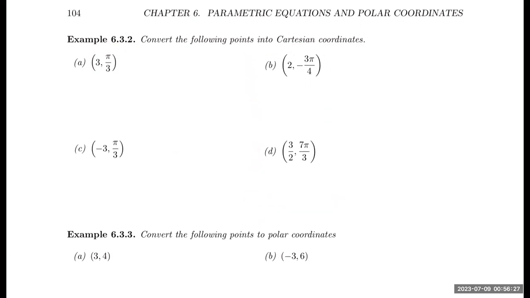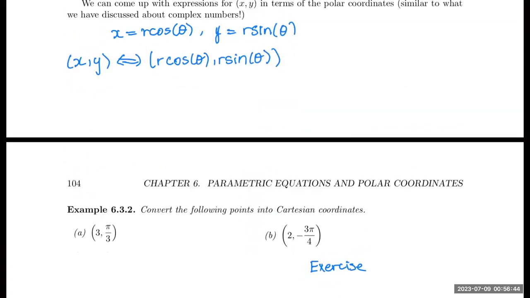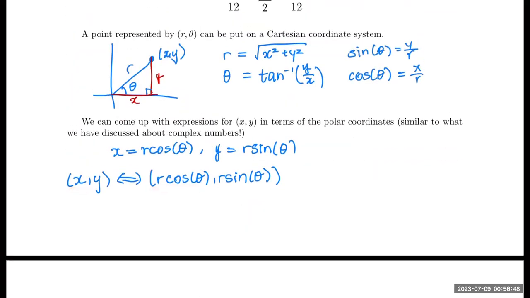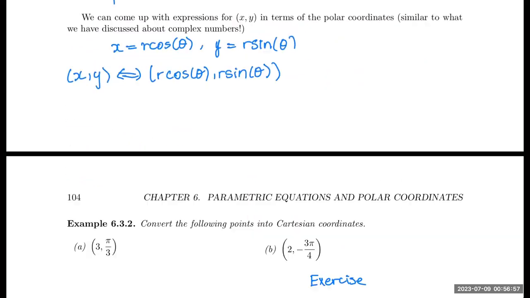So we'll be having a look at the first and the third one, so A and C. In order to convert to Cartesian coordinates, remembering that x corresponds to r cos theta and y corresponds to r sine theta, we have to put the r and the theta into each of these parts.